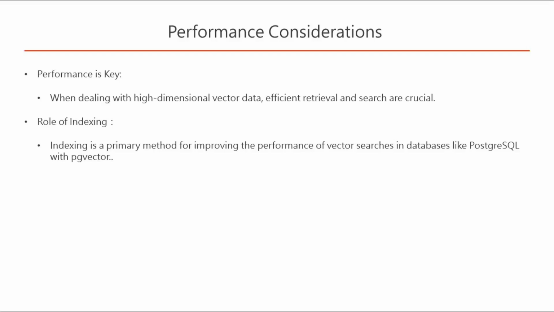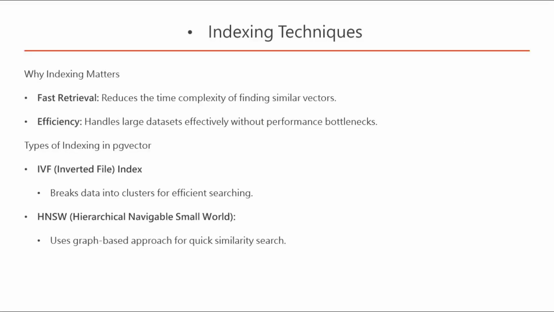Indexing is the primary method to improve vector search performance in a database like PostgreSQL with pgvector. Why does an index matter? First, fast retrieval: reduce the time computing to find similar vectors. Second, efficiency: handle large data sets efficiently without performance bottlenecks.